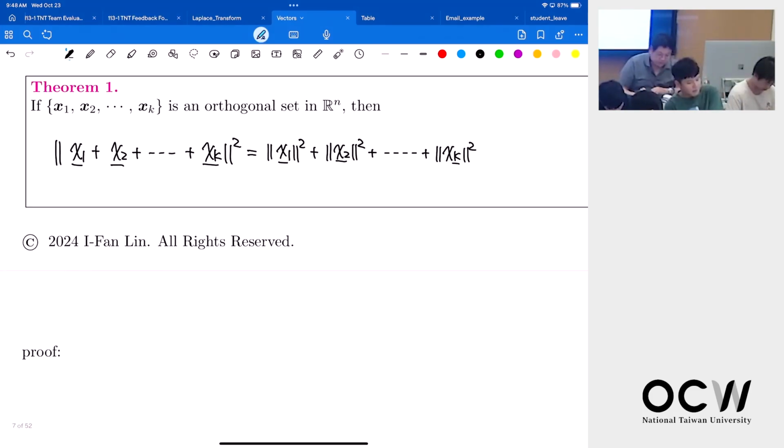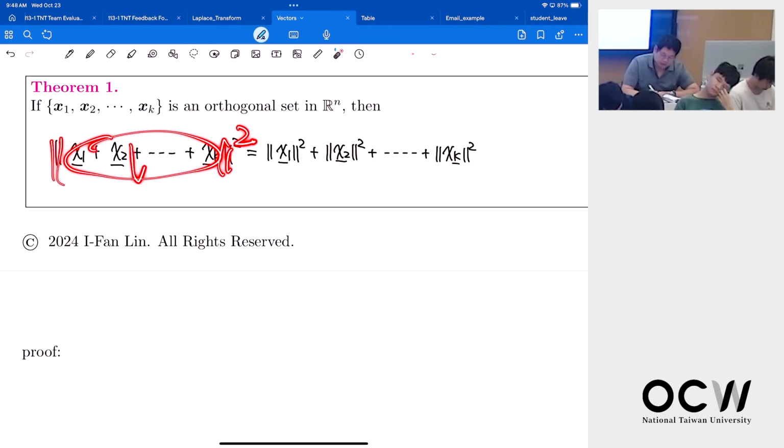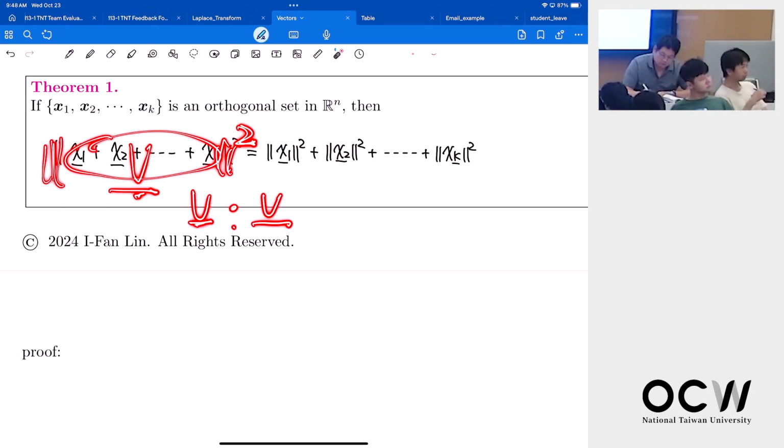We can prove this. First, from the left-hand side, what is the norm squared? This is still a vector, right? For a vector v, the norm squared is v dot product v.